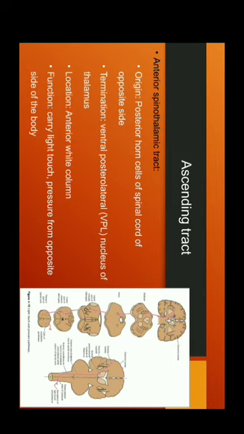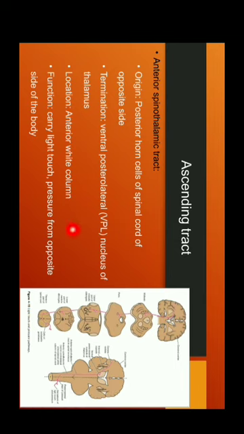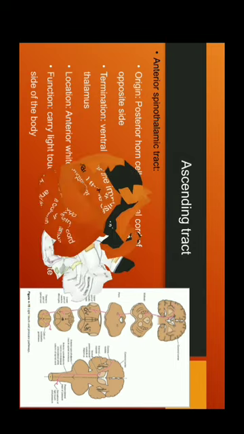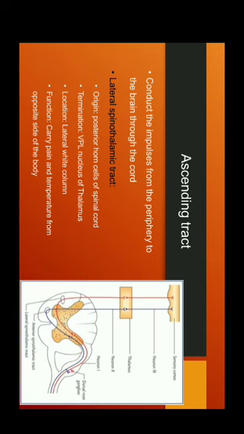Lateral spinothalamic is concerned with pain and temperature, and anterior spinothalamic is concerned with light touch and pressure from the opposite side of the body. Both of these tracts cross. The point to be noted here is that when they cross to the opposite side, they lie along the anterior white commissure, here you can see.